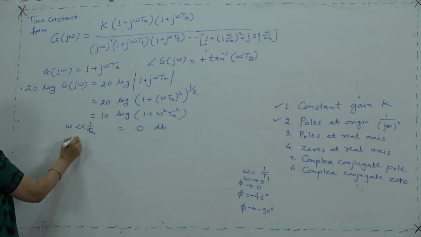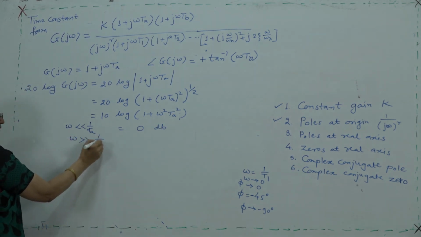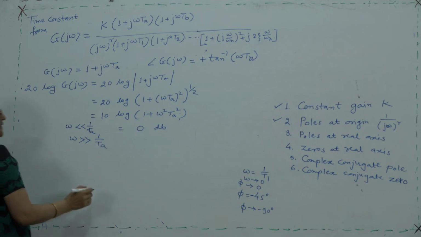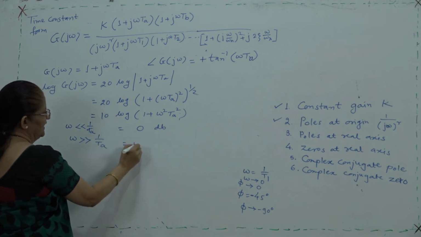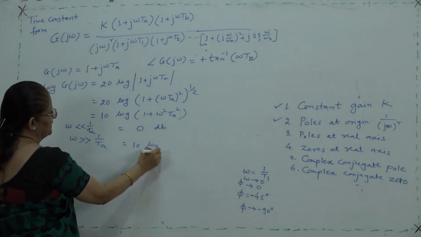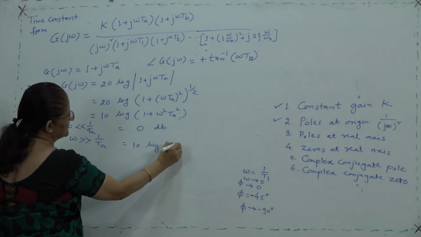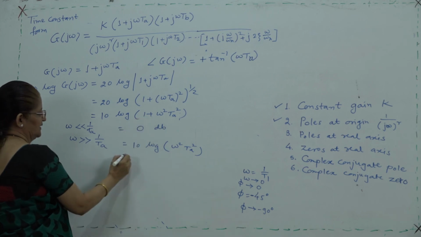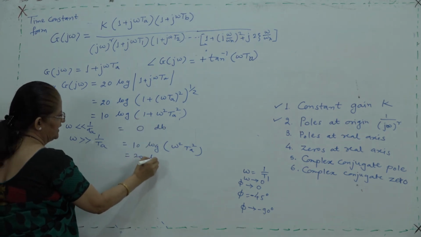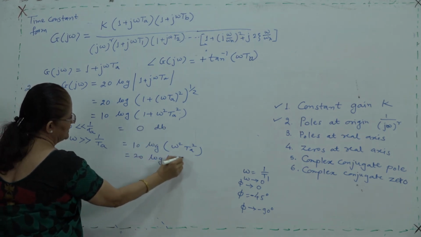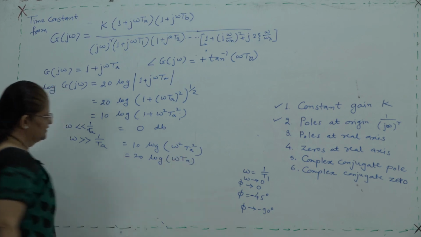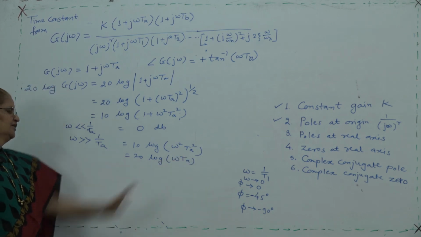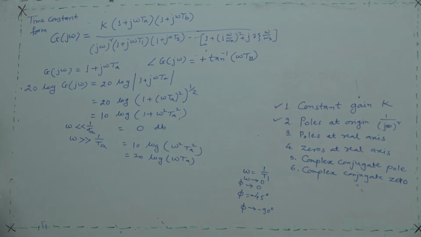When we are considering omega is far greater than 1 upon T A, what you will get here? 10 log of omega square T A square, because that time 1 is negligible, meaning you will get 20 log of omega T A. See the difference, here you are getting plus 20 log of omega T A. Okay.